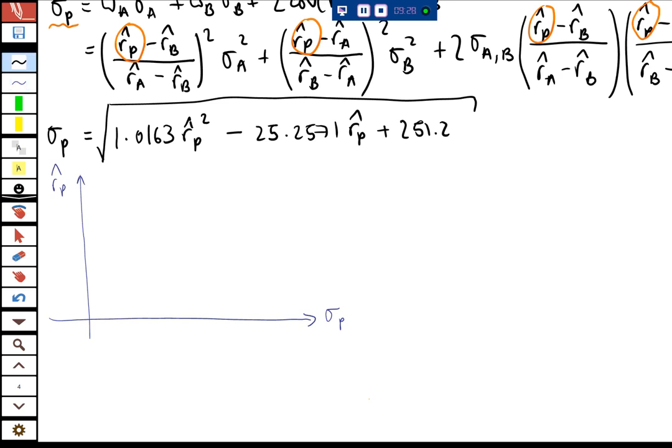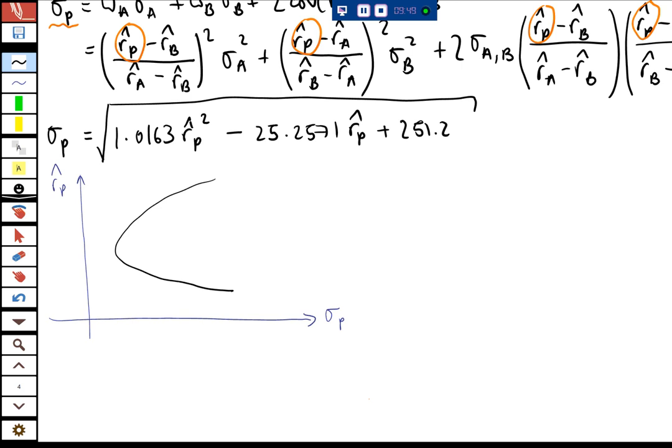We know from lectures, and we can see from this function, that the shape of the graph is a quadratic on its side, roughly like this.